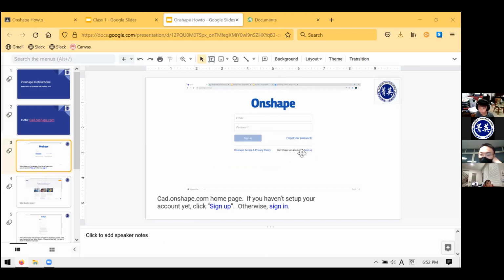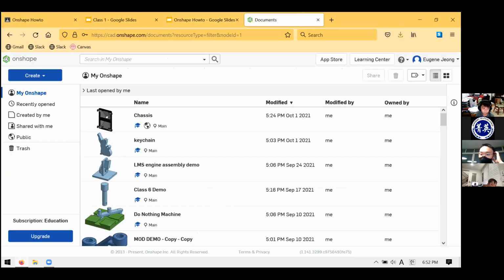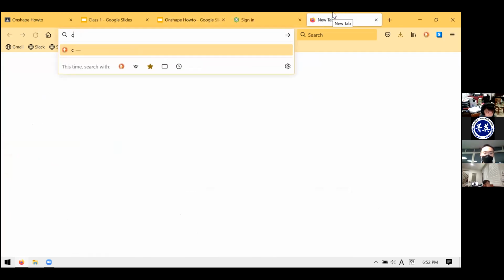From there, just like creating an account for any kind of service you've done before, you hit the sign up button. There's a little link at the bottom that says sign up. I can log out and show you what it looks like. If you're a first-time user, it'll take you to a page like this.